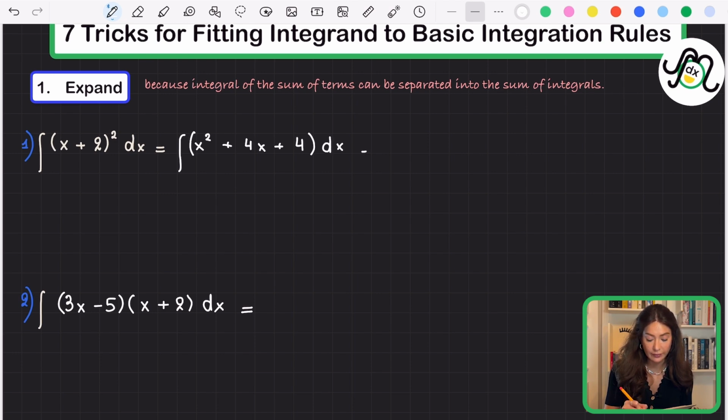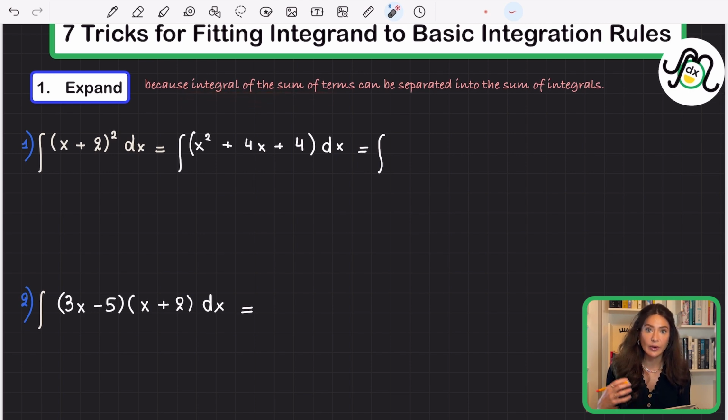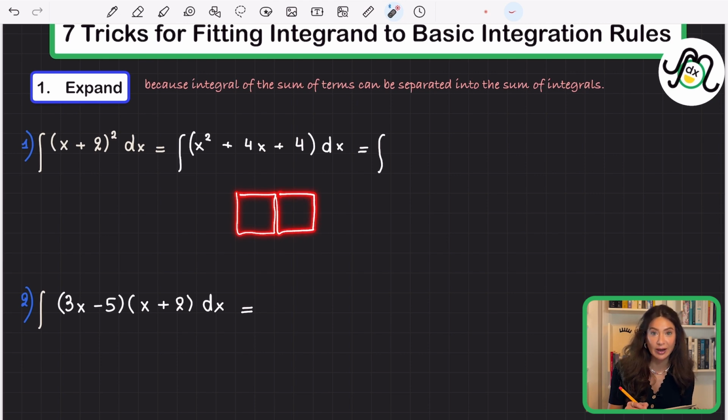Dx applies to all of them. Now I'm going to write here, integral of a sum of terms is sum of integrals. Here you have a sum of terms. What an integral is, the definition of it, is calculating area under this curve, and this curve. Well, areas of anything, like an area of this square, can be added to its neighbor square linearly.